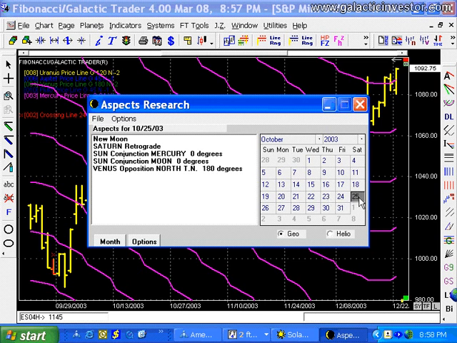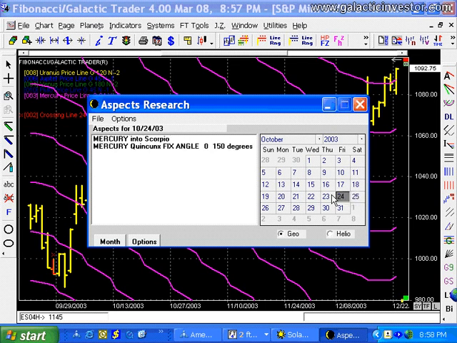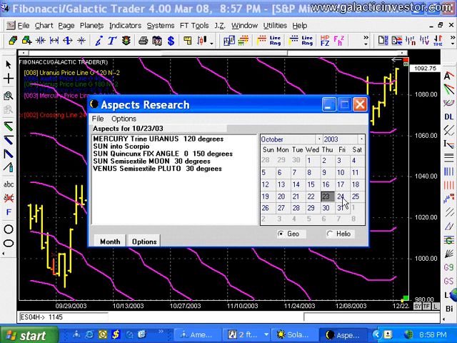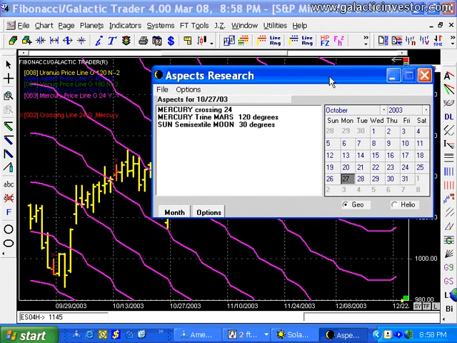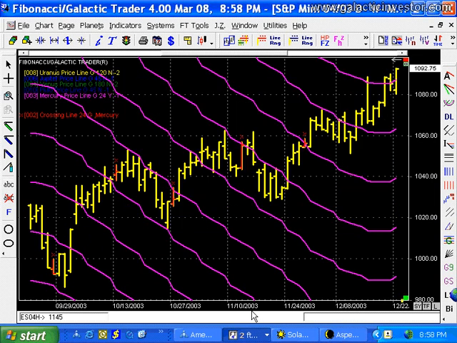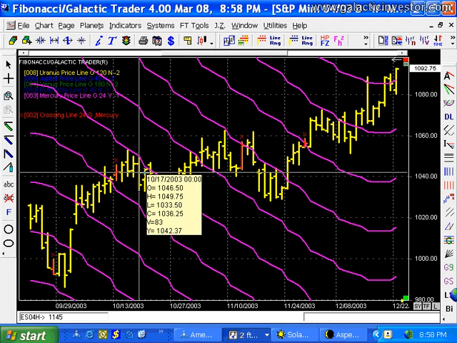We had a retrograde Saturn on the 25th, and then Neptune turning direct on the 22nd. So with those outer planets going station and all these other clusters of aspects, reversal aspects, you're looking for reversal here, and you don't want to be fooled though. Let's minimize this. Is this a reversal back down or is it a reversal back up?